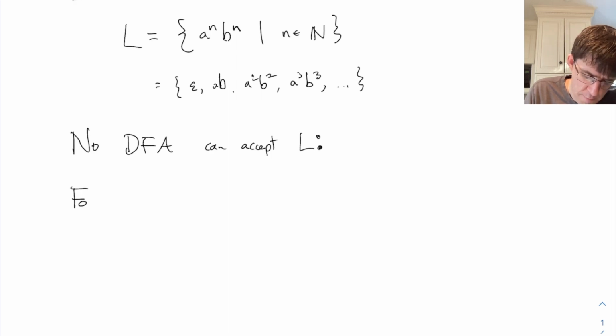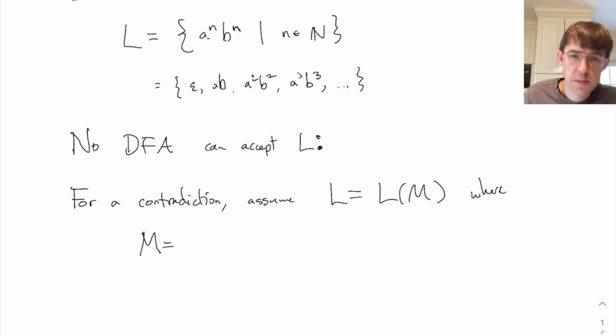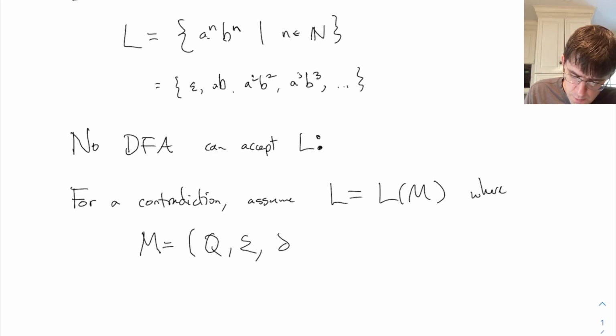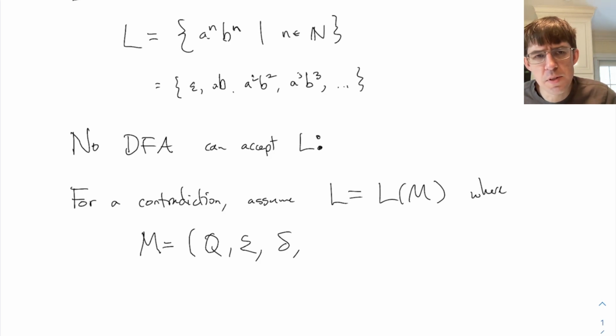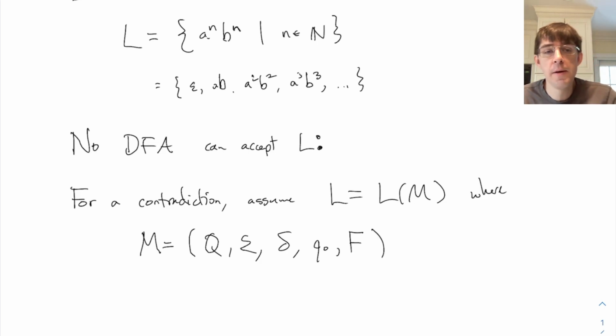For a contradiction, assume that L is the language of some DFA M. I'm going to write M formally. You usually think of M as a diagram, but when you're writing the proofs, the diagram is usually not helpful. So M is this DFA.